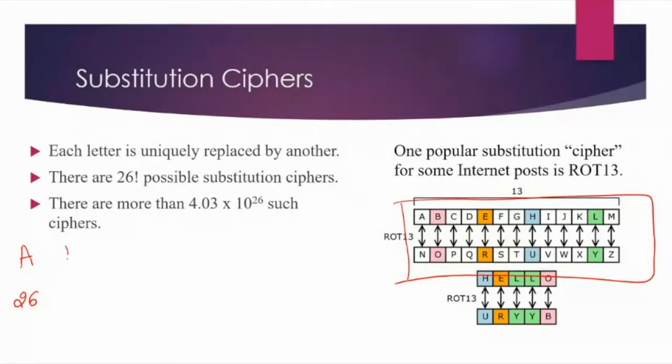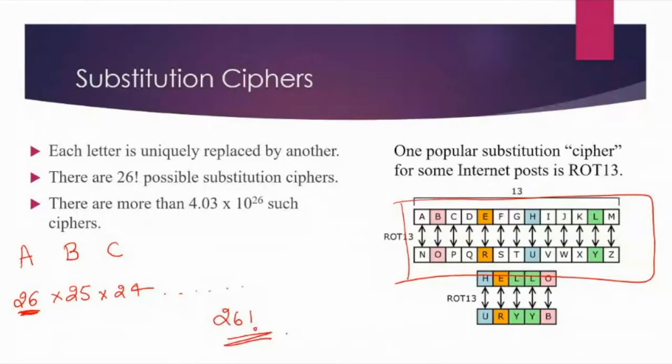Now, B can be replaced by 25 possibilities, because one we have already used to substitute letter A. Similarly, when we talk about C, there are 24 possibilities, and if you come up with all possible combinations, it becomes nothing but 26 factorial.